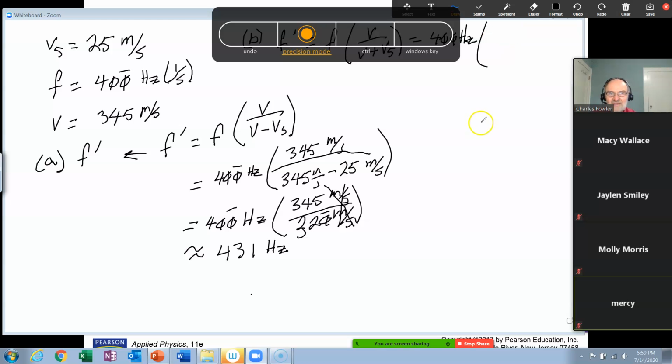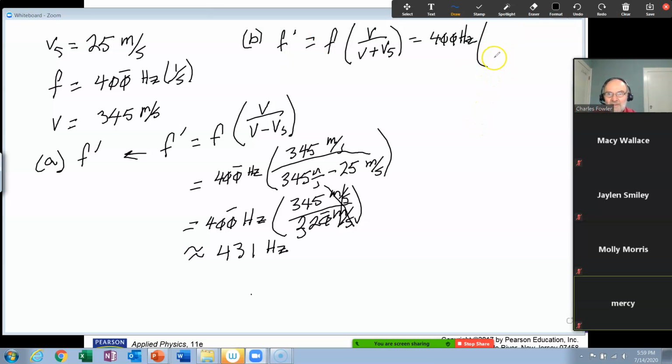times 345, again, meters per second, divided by 345 meters per second. But this time it's plus your same speed, 25 meters per second.